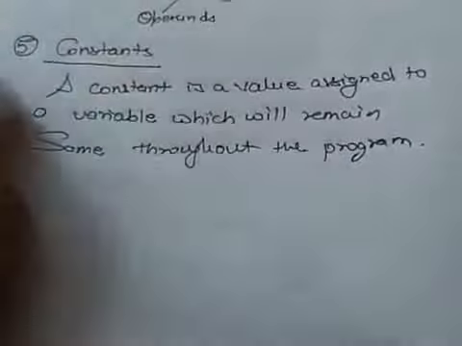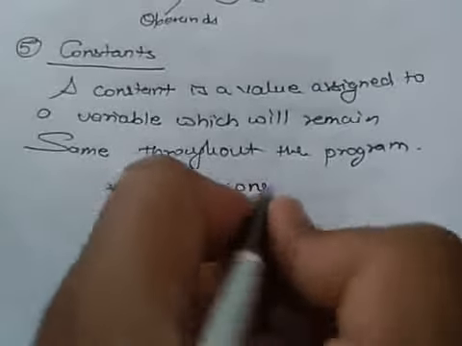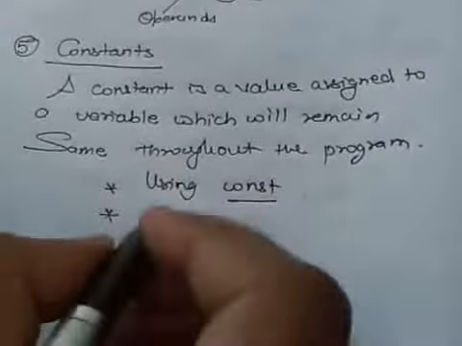Its value cannot be changed, and we can define a constant in two ways. First, by using the const keyword, and second, by using the hash define preprocessor.